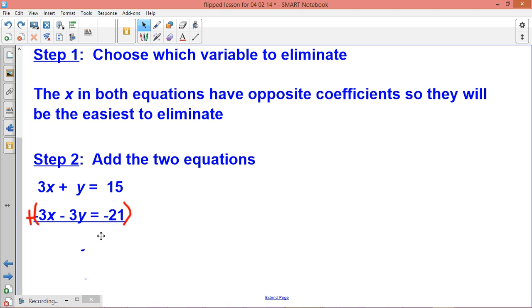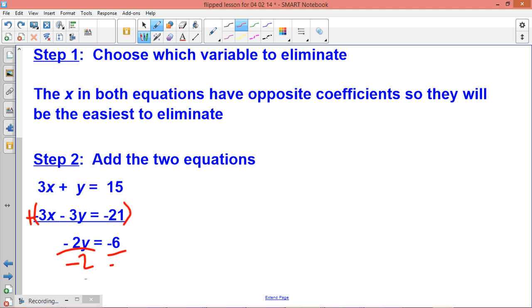Next, y plus negative 3y is going to be negative 2y, and 15 plus negative 21 is going to give me negative 6. So I wind up with negative 2y equals negative 6. I'm going to divide both sides by negative 2, and I get that y equals 3.